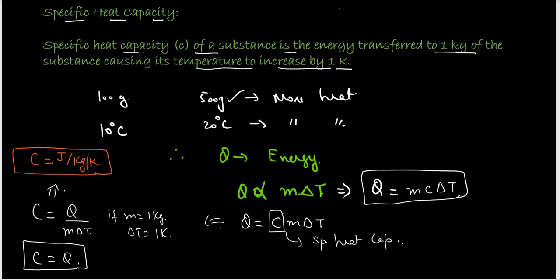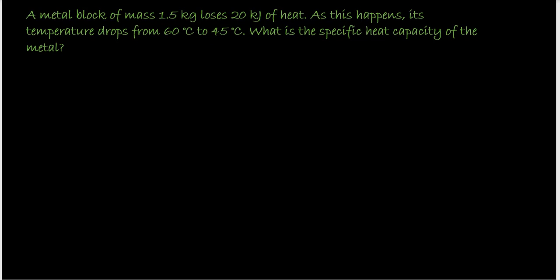Now let's solve a problem based on this. We have a question that a metal block of mass 1.5 kilograms loses 20 kilojoules of heat. Let's write down the parameters given to us. Mass of the block is 1.5 kilograms.